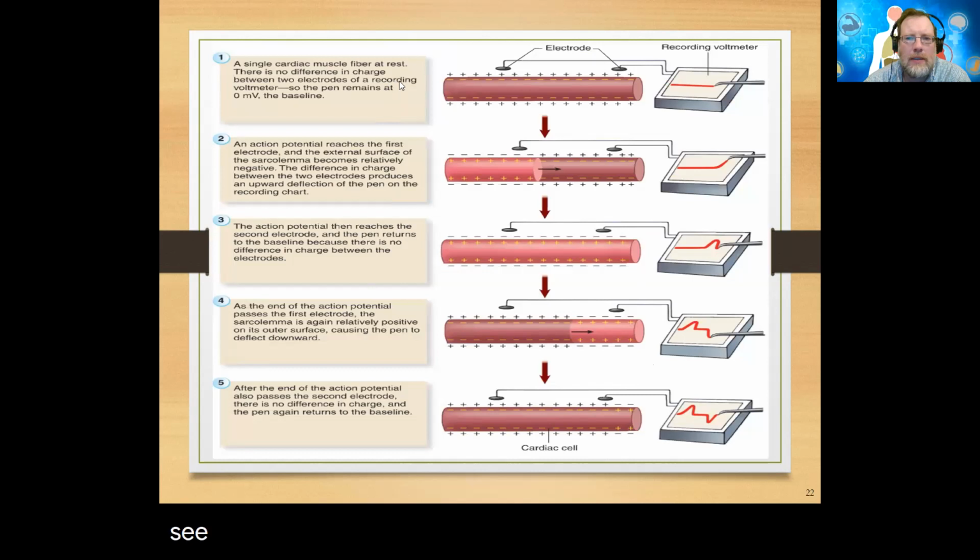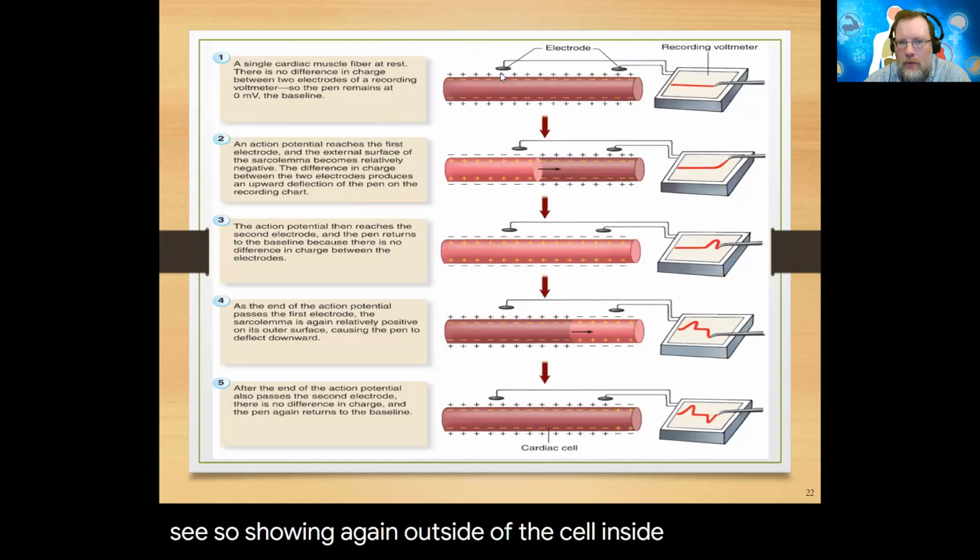So anyway, let's see. So showing again outside of the cell, inside of the cell. So we're at rest, we're polarized, all the positives and negatives are aligned. We get an impulse coming in, and you see the positivity inside the cell changes. That's that depolarization that's taking place. Okay.